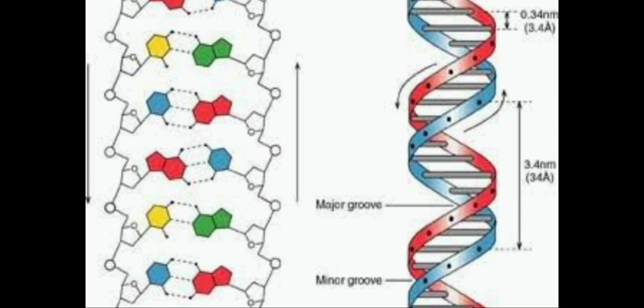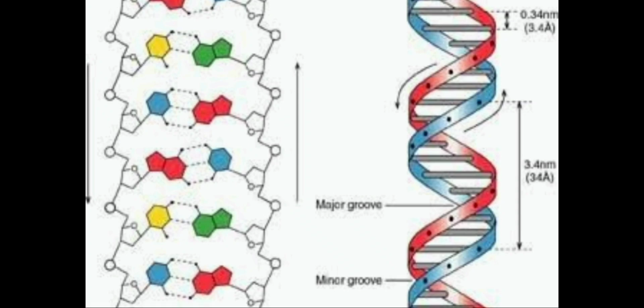There are four different bases, out of which adenine and guanine are purine bases, while cytosine and thymine are pyrimidine bases. One purine base complements with a pyrimidine base.